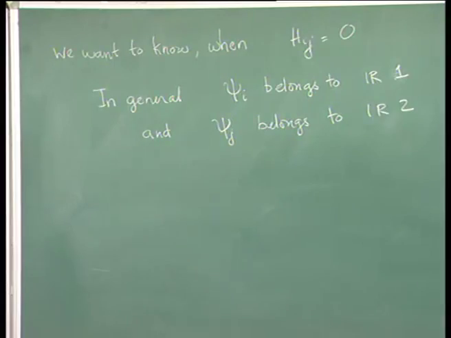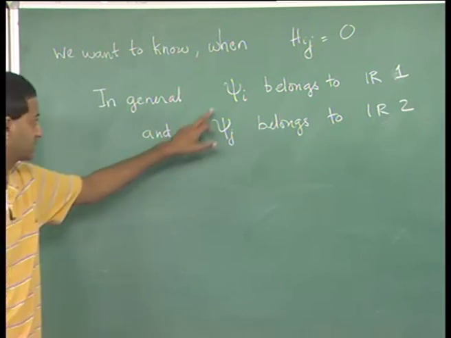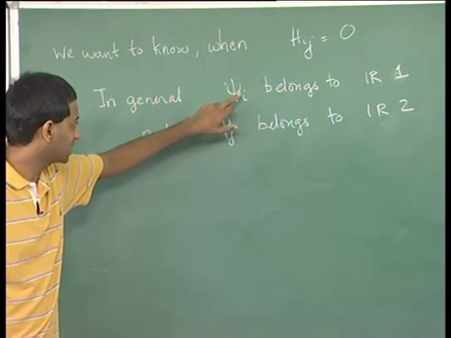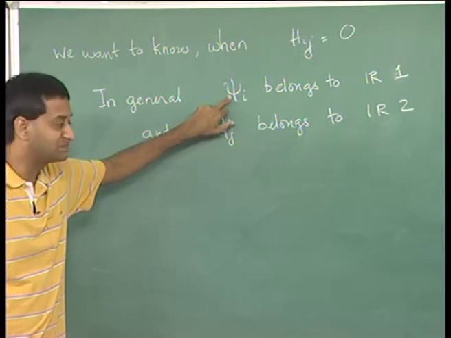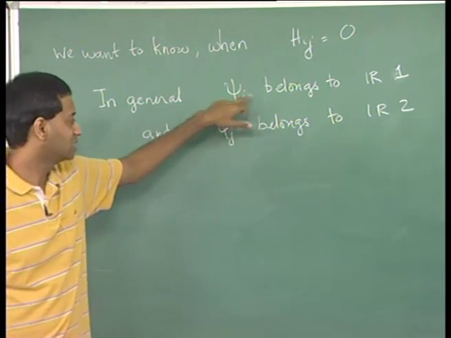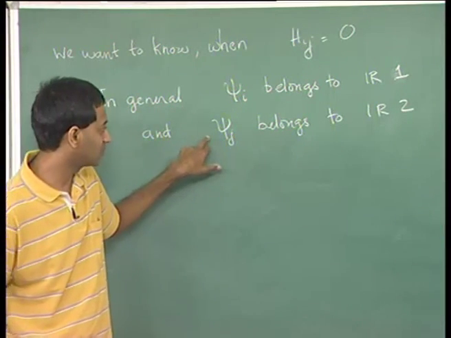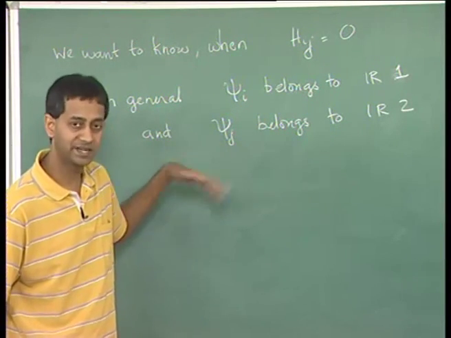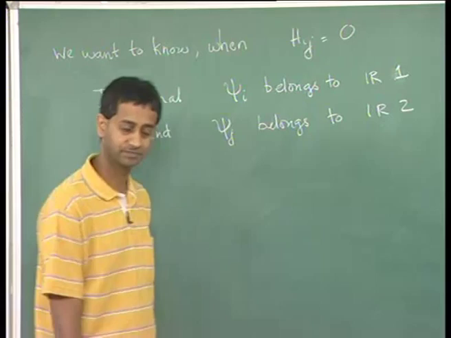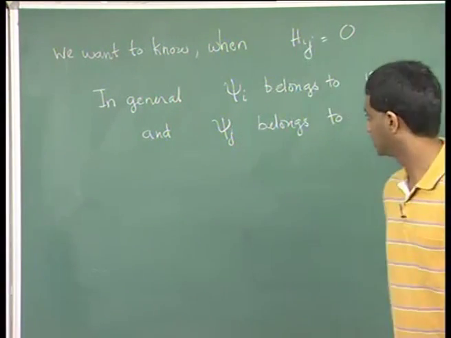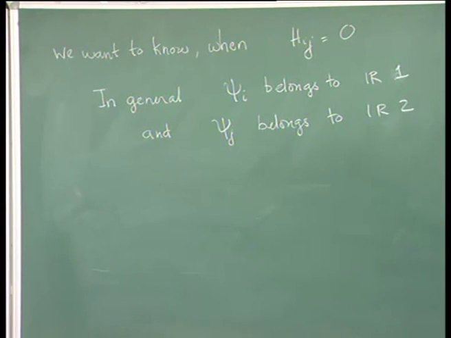What I mean by psi i belongs to irreducible representation 1 is that psi i is one of the basis functions for an irreducible representation. Similarly, psi j is one of the basis functions for another irreducible representation.